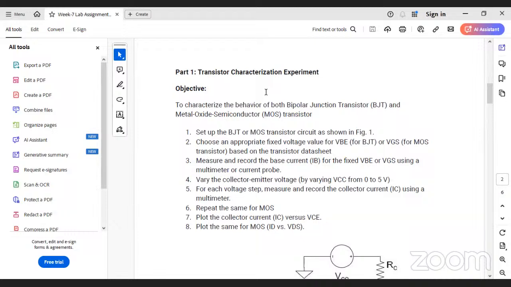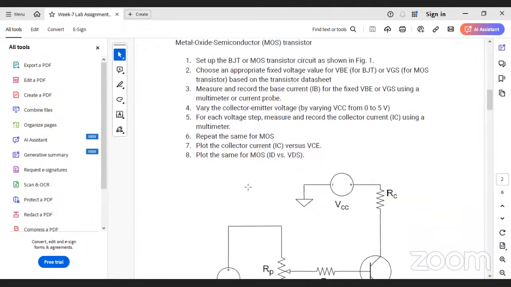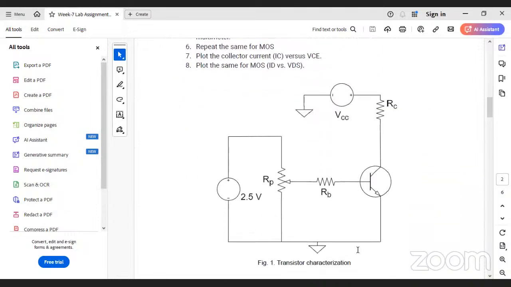The first part is to understand the input-output characteristics of the transistor, that is basically a transistor characterization experiment. So first of all, you should refer to figure 1 to do that.